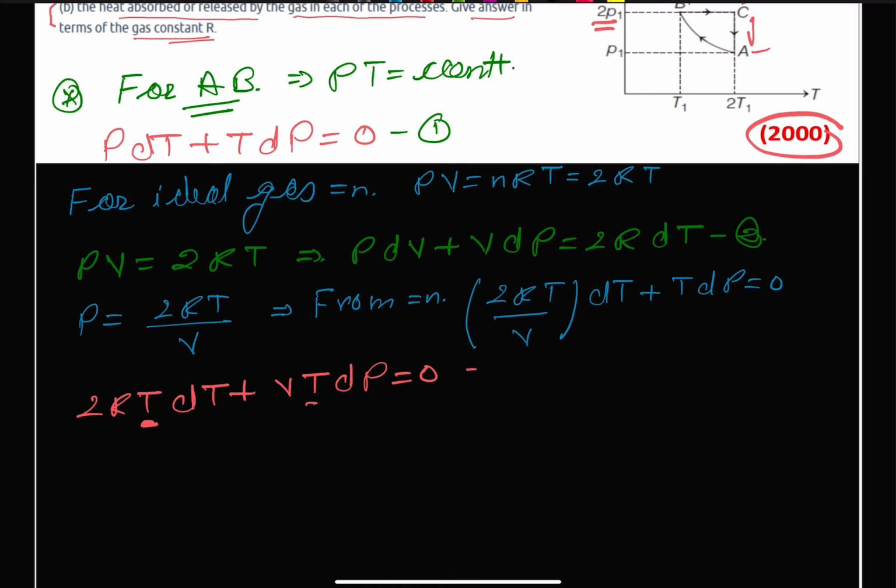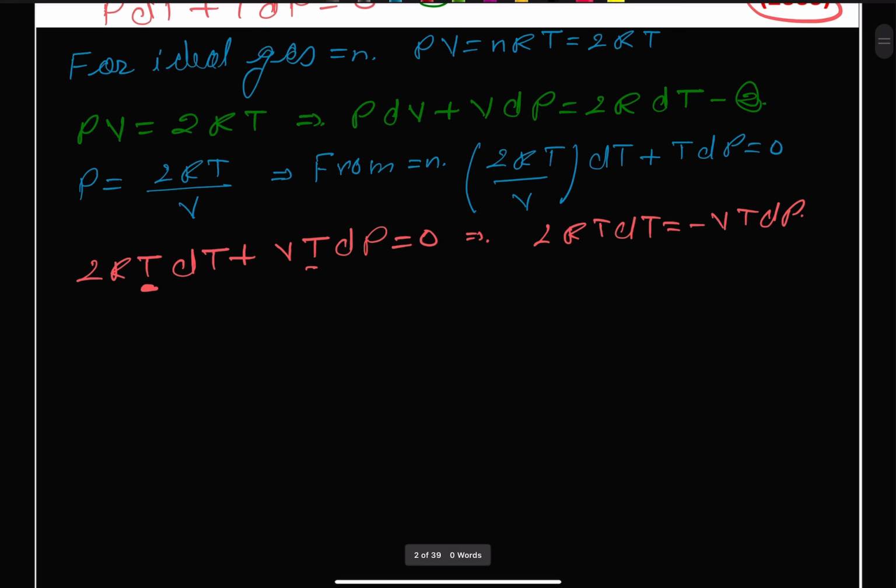So we can write 2RT dT is equal to minus VT dP, and we can write this the other way around also.